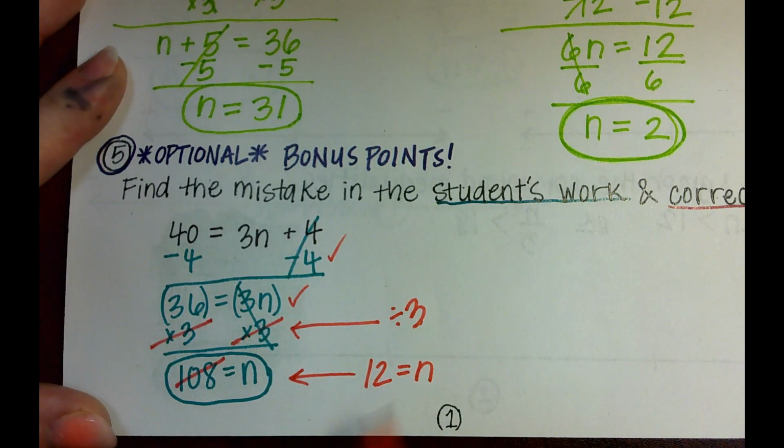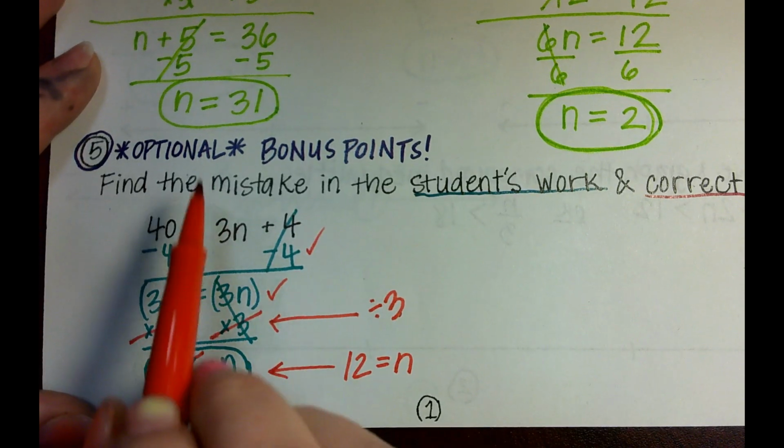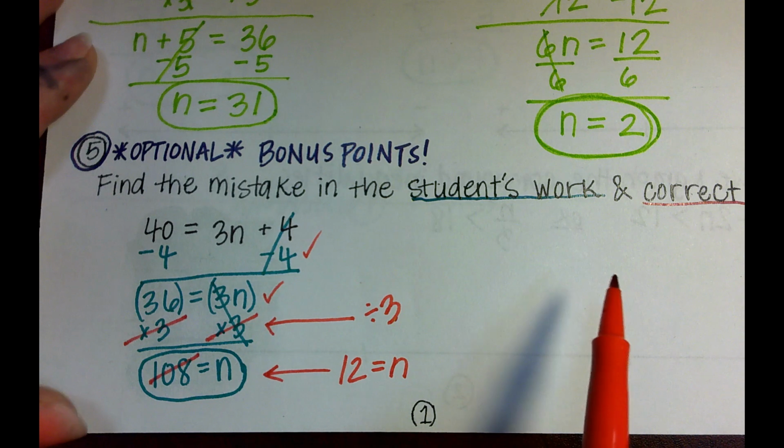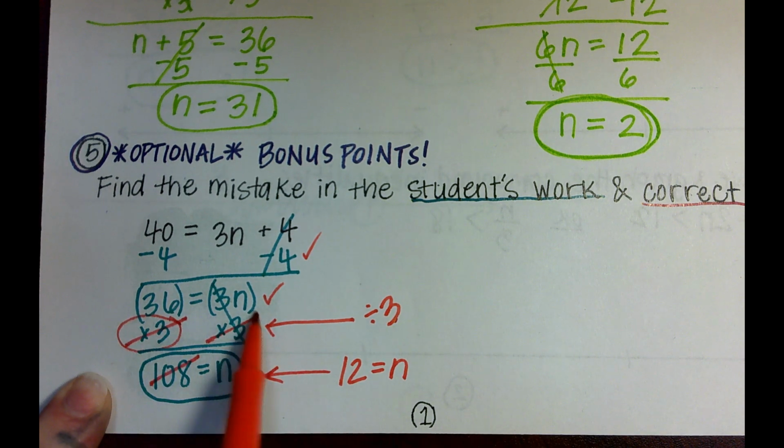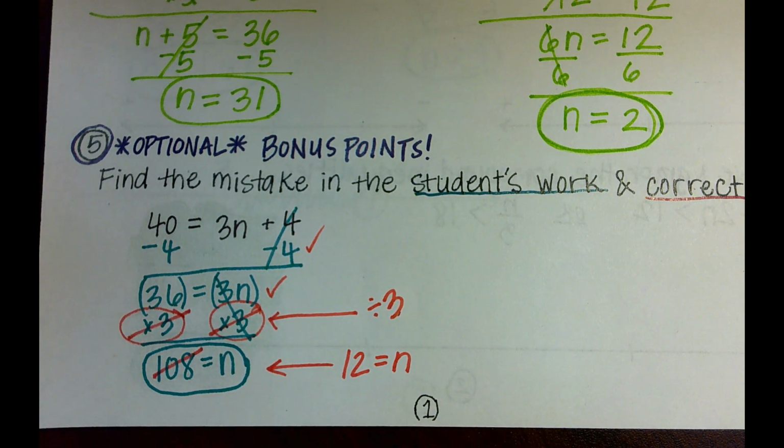Something like this would be just fine. You could also rewrite the problem and solve it yourself off to the side, and I would consider that a good enough correction. But just make sure that you are crossing off whatever part they did incorrectly, and you'll get some bonus points. So, any questions about that?